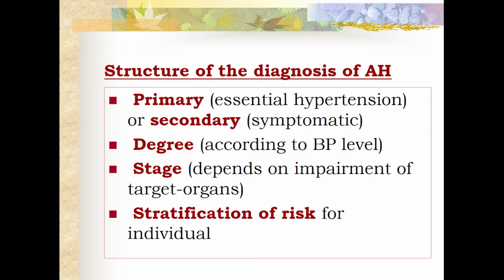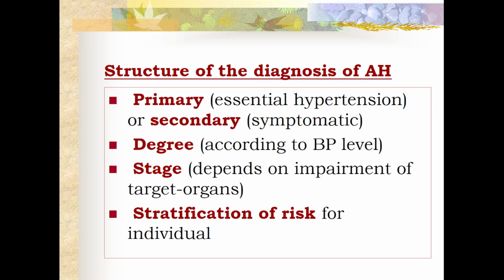Structural diagnosis of arterial hypertension consists of four parts. In first place, primary or secondary arterial hypertension. If primary, essential hypertension, or secondary, if secondary arterial hypertension occurs.